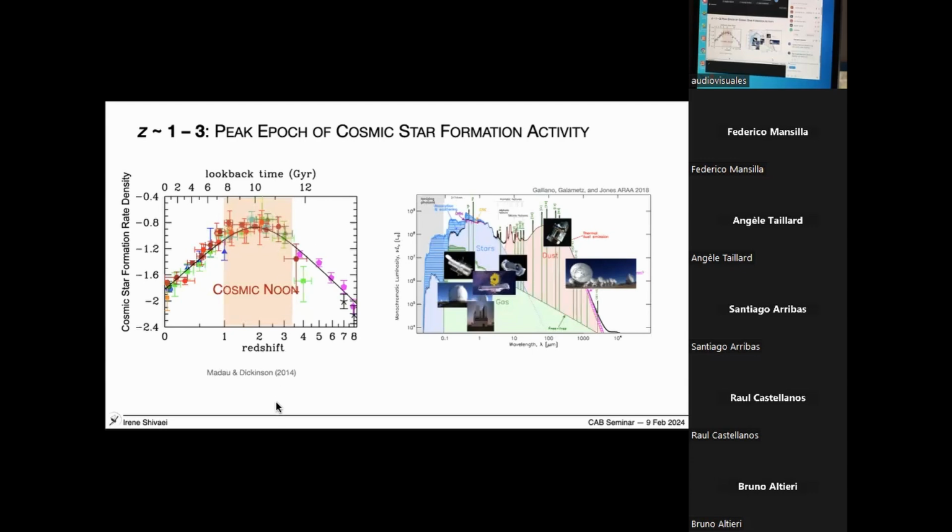But also, very conveniently, this is an epoch at which we can probe different phases of the ISM and of the SED of a galaxy with a reasonable investment of time with our current observatories. As I'm showing here, from sub-millimeter facilities like ALMA, to ground-based facilities like VLT and Keck, and in the middle with Spitzer and James Webb, we can very nicely probe different parts of the SED of a galaxy.